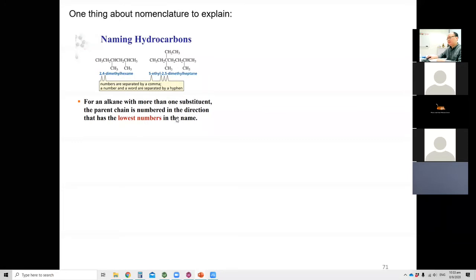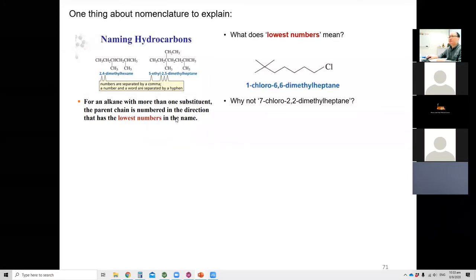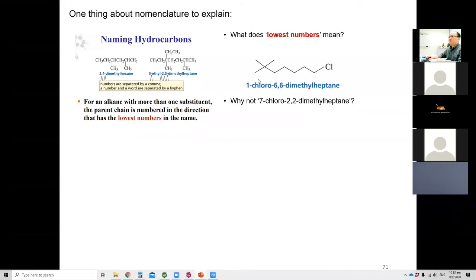This is a bit confusing for some of you. What does the lowest numbers mean? For example, in Professor Chew's slides, she showed this molecule, which is named 1-chloro-6,6-dimethyl. Basically, they put the chloro at 1 and the dimethyl at 6.